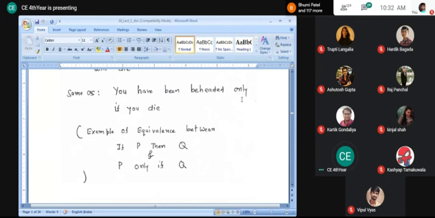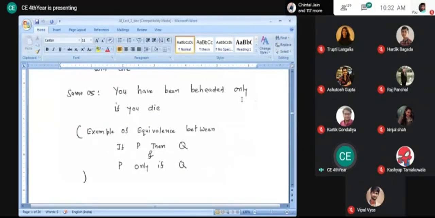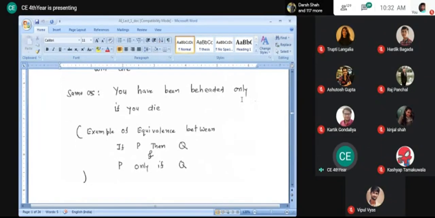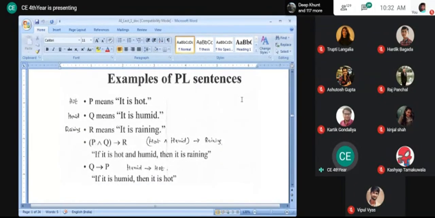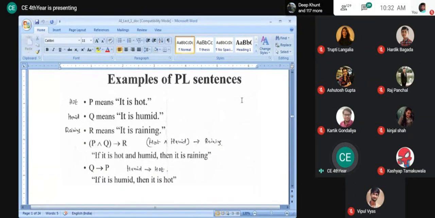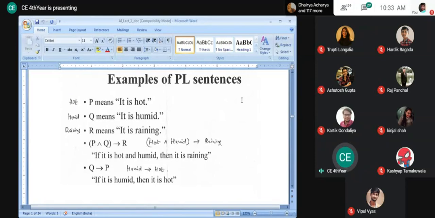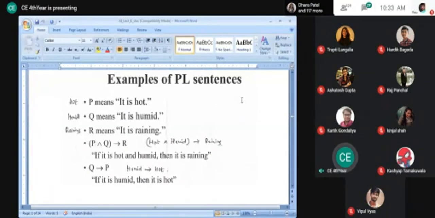Only if is the same as implies. That is an example of equivalence between P implies Q, or if P then Q, and P only if Q. Again, Q has to be true for P to be true. P only if Q. Again, the same concept of modus tollens.